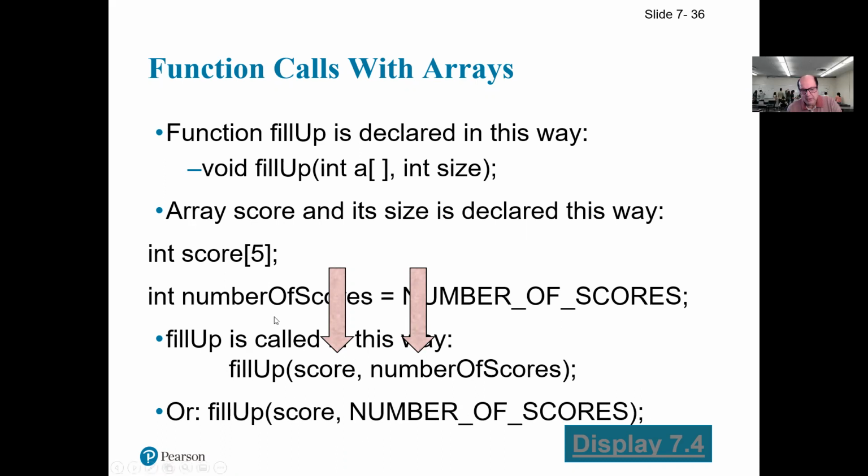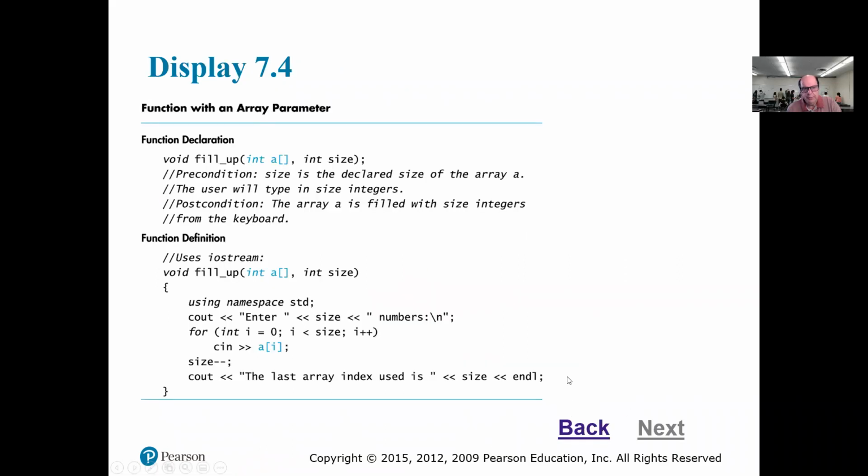We will practice in 7.3 that this number of scores can potentially change as a partially filled array. But for now, we just keep it this way. So no brackets, and we need the size when we're calling a function.